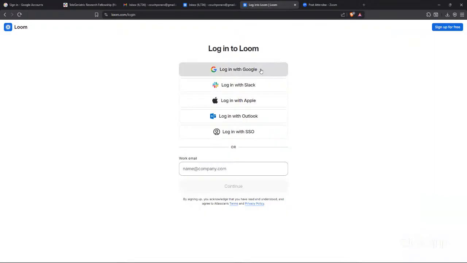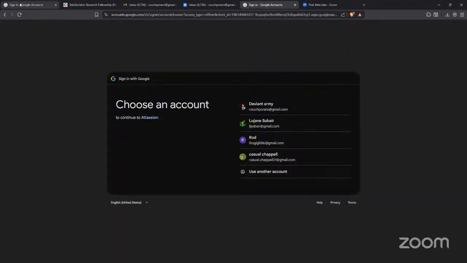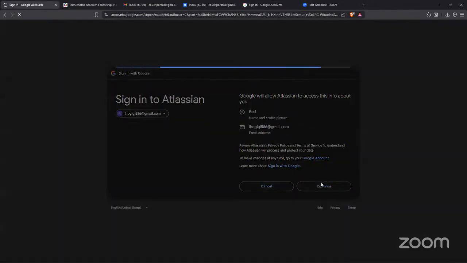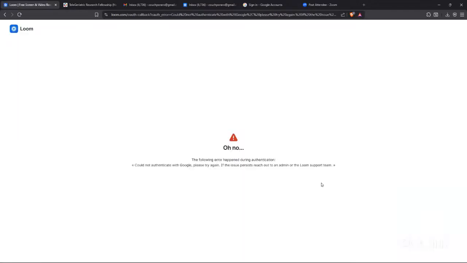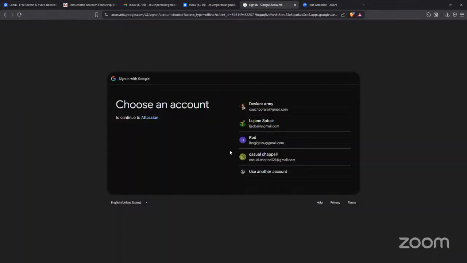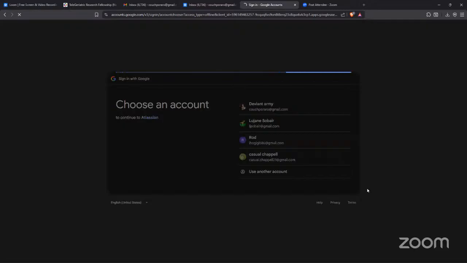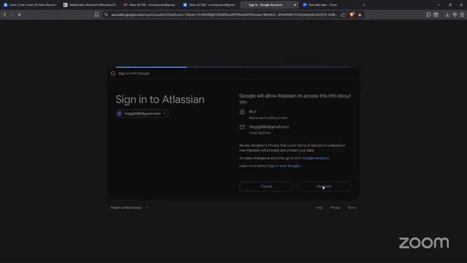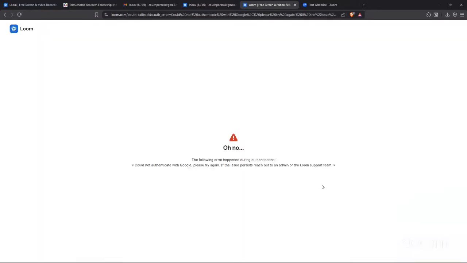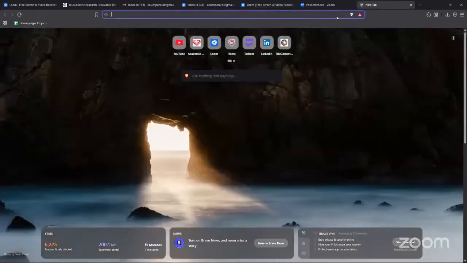So let's go through it. Sign in with Google. I already have it open here. Well, it did not allow me. Sorry, I just refreshed it. I guess I have to search it.